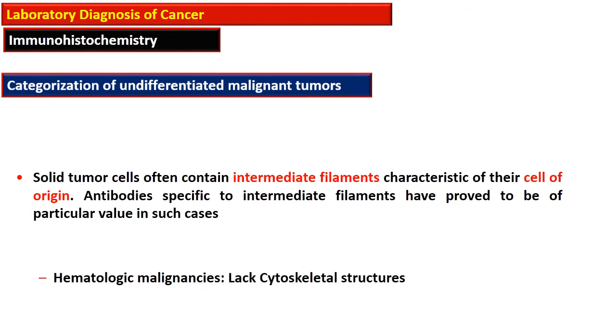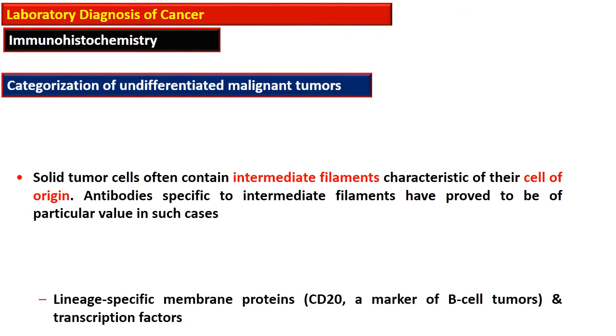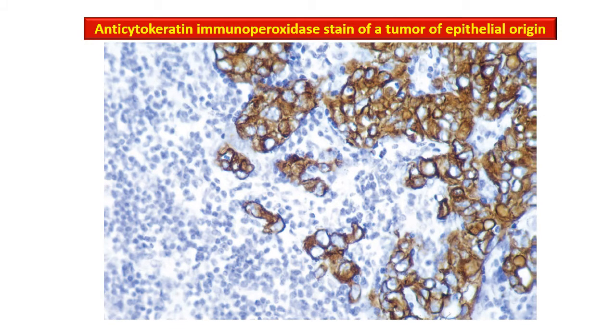Hematologic malignancies show lack of cytoskeletal structure, and lineage specific membrane protein CD20 is a marker for B cell tumors, as well as transcription factors. This photomicrograph is showing the positivity for anti-cytokeratin immunoperoxidase stain that is present in tumors of epithelial cell origin.